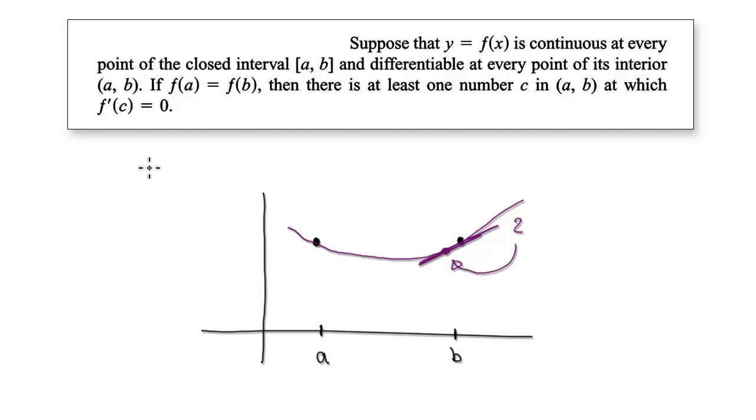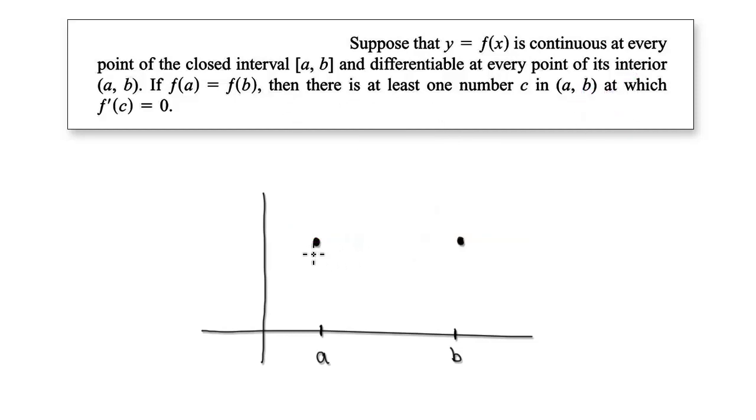So I'm going to try and break down the theorem by going uphill at a steepness of 3, which means it's really, really steep. So the gradient will never be 0. But in order for me to end up at f of b, I need to turn around. And the minute that I turn around, there's going to be somewhere where the gradient is 0. So you can't really break down this theorem.